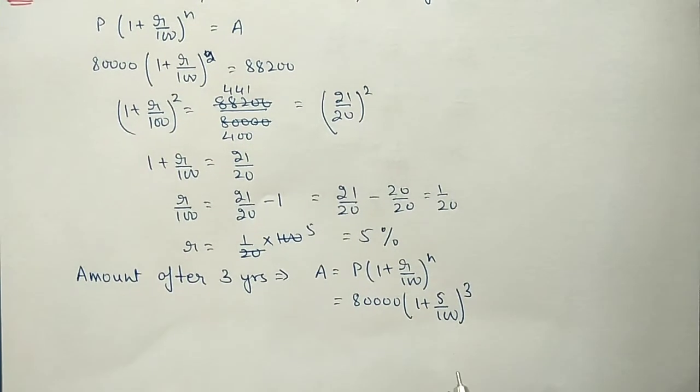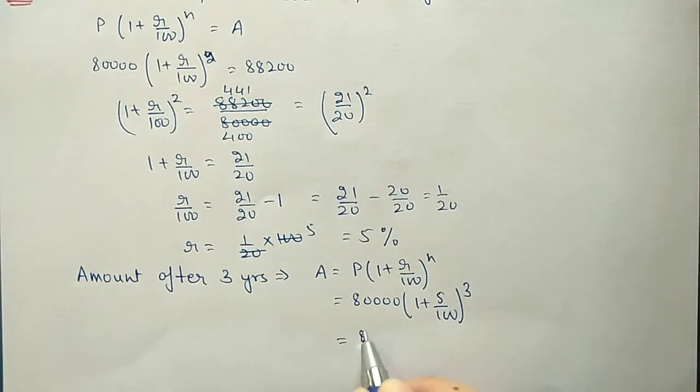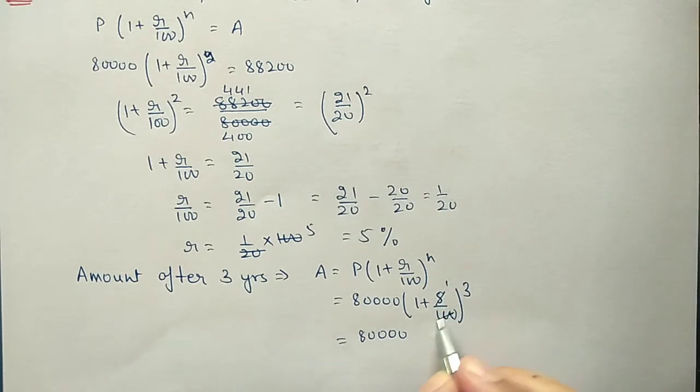After simplification we will get 105 by 100. You can cancel 5, 1 and 20 times, then we will get (21 by 20) to the power 3.